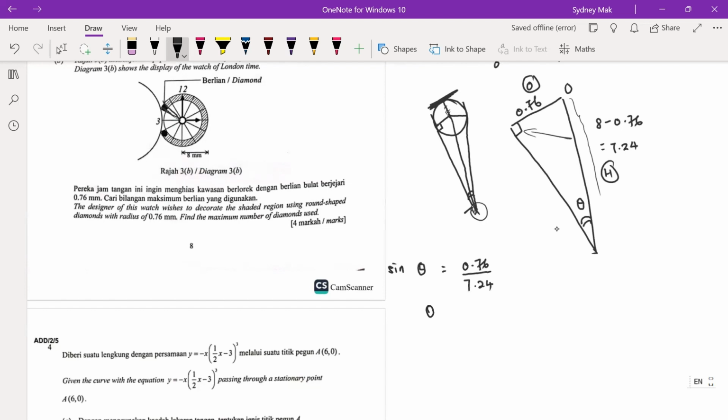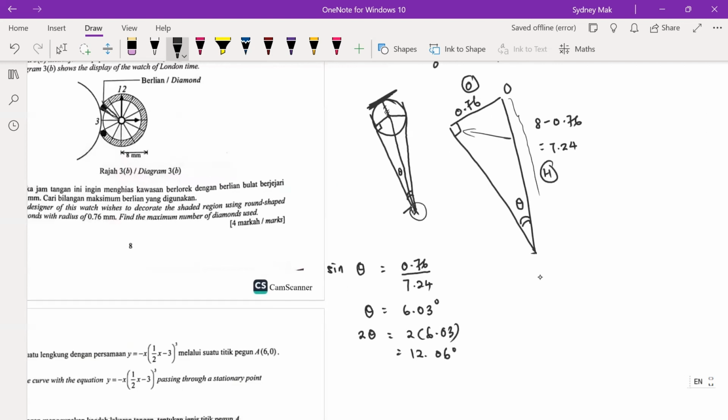When we find the arc sine using the calculator, we get 6.03 degrees. That is theta, but every single diamond subtends 2 theta. So 2 times 6.03 is 12.06 degrees. So each diamond needs 12.06 degrees.